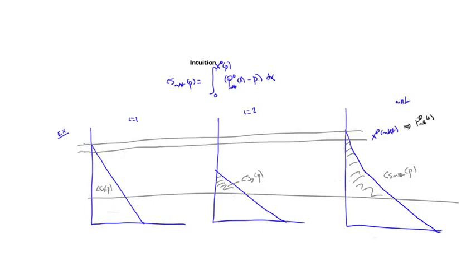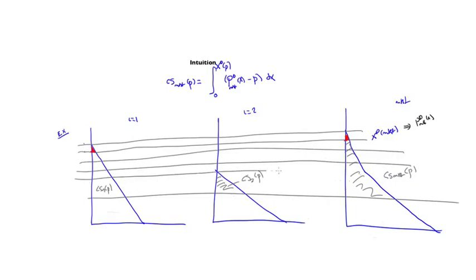So what we are adding is this red area. For the next lower price, we do the same. We keep doing it until we reach that point. So what we have done is we have added all of those red areas.